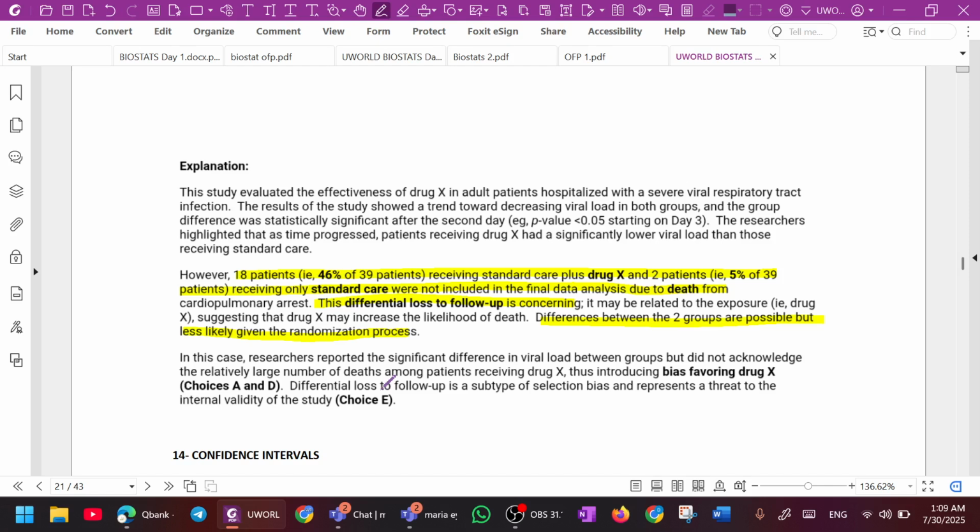So not accurate, not good. The fact that you are right, it is statistically insignificant at day 0, 1, 2, that's true. But does that make the study not valid? Maybe the drug just needs more time to work. Maybe the drug needs 5 days or something to work.